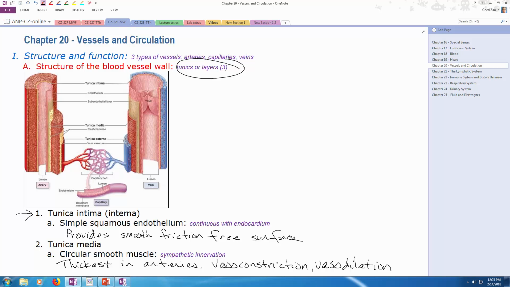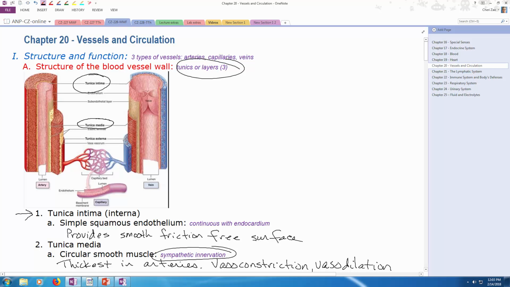Going from the internal out, the next layer is called the tunica media, and that is a smooth muscle layer. It is circular. It encircles the luminal aspect of this. It is under sympathetic innervation only.